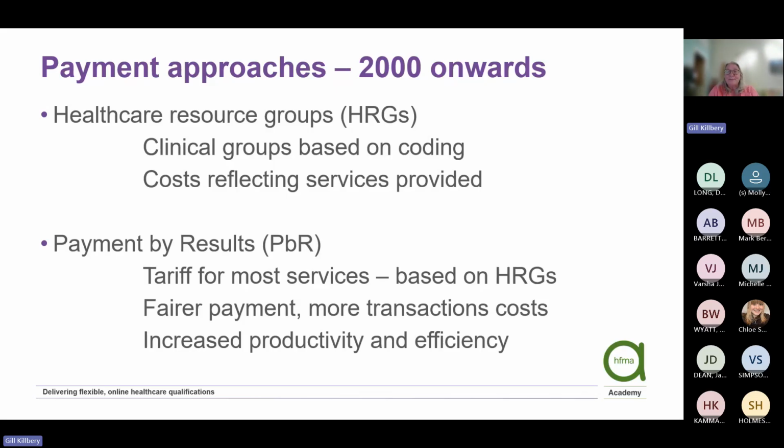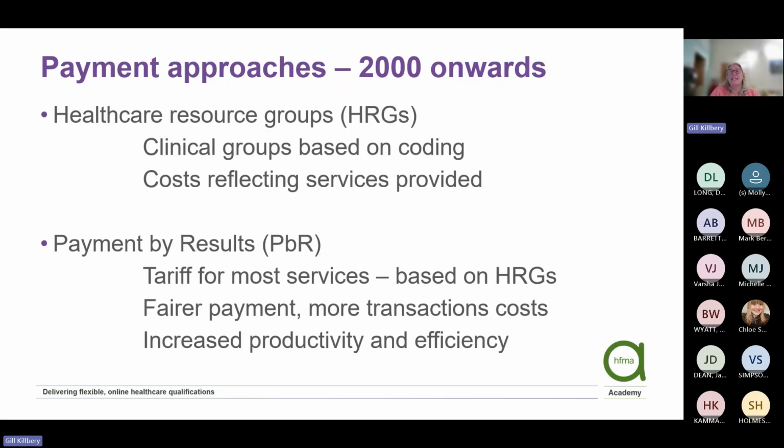It talked about following the patient, both to allow for patient choice in where they went for their treatment and to reimburse the provider delivering that care. This resulted in the first payment mechanism, payment by results, which replaced the previous practice of making block or fixed payments to healthcare providers.